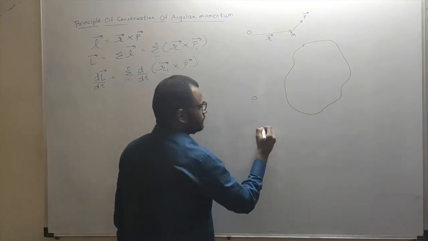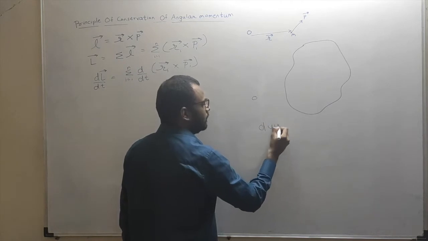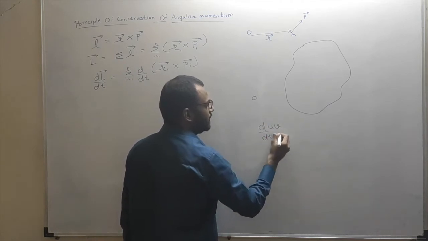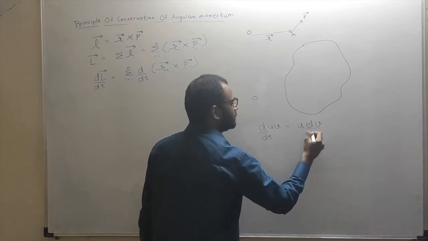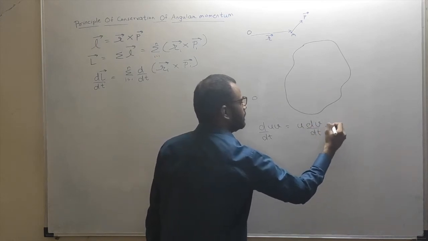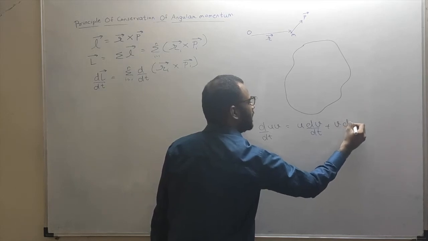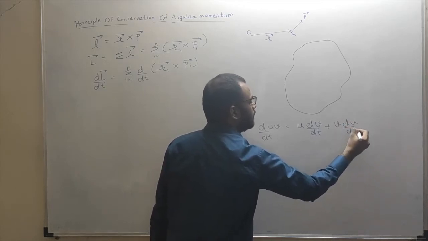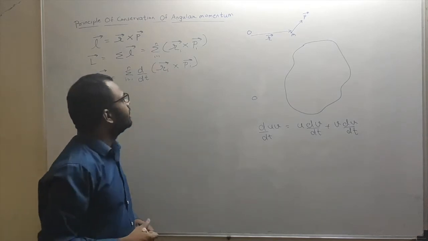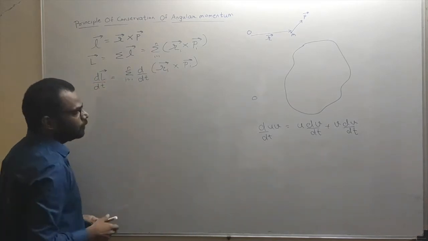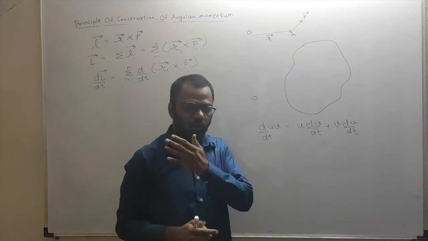What is that? d(uv) by dt will be the first term into the derivative of the second plus the second term into the derivative of the first. In the same way, we will apply that here, but we have to take care that the order is not changed.